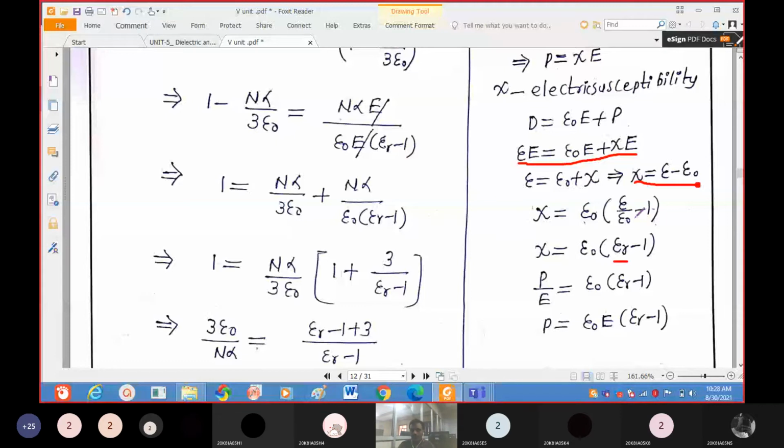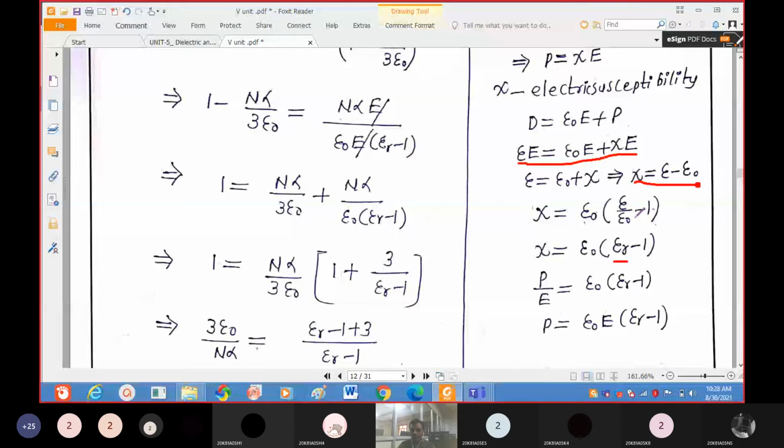So epsilon E is equal to epsilon naught E plus chi into E. You can cancel the E on both sides, therefore epsilon is equal to epsilon naught plus chi. From this equation, chi is equal to epsilon minus epsilon naught.